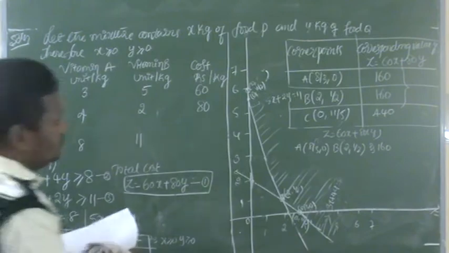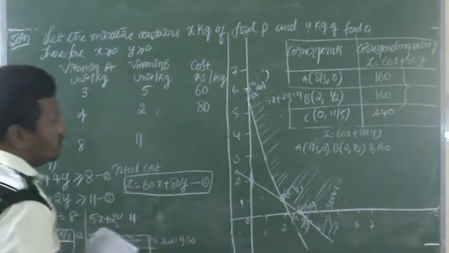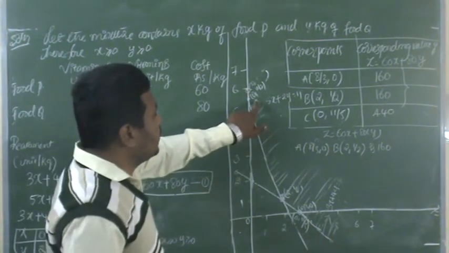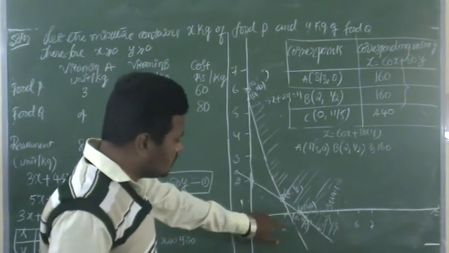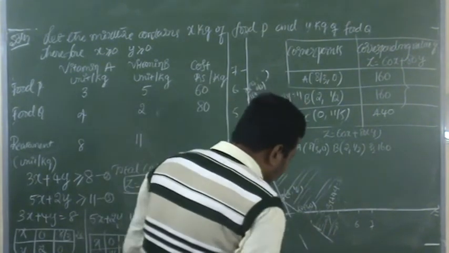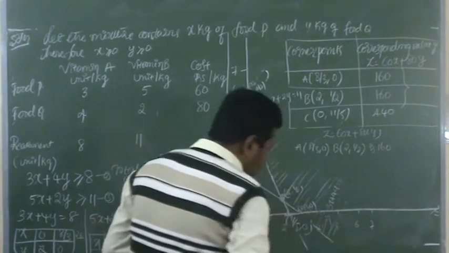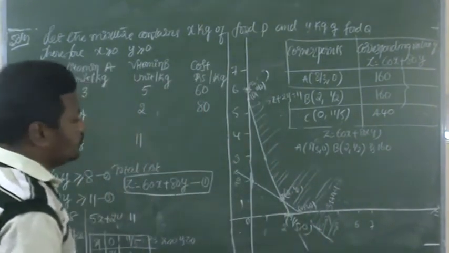Now the next question. Just, we missed this point here: 0, 11/2. This is 1/2, 11/2, 11/5, 0. We missed it here.